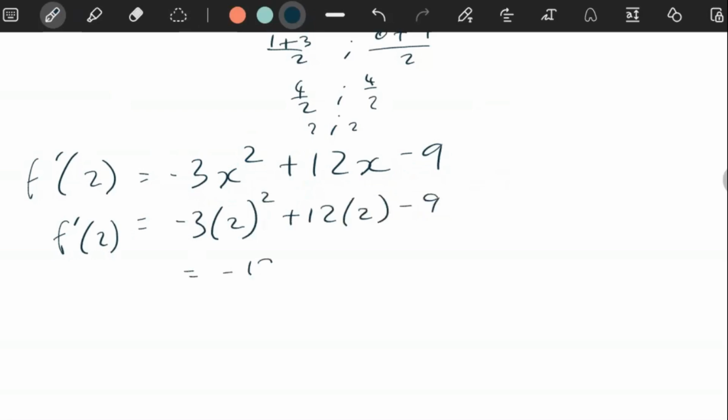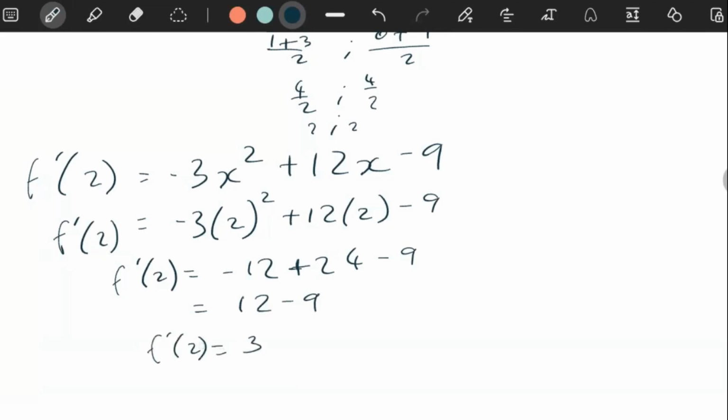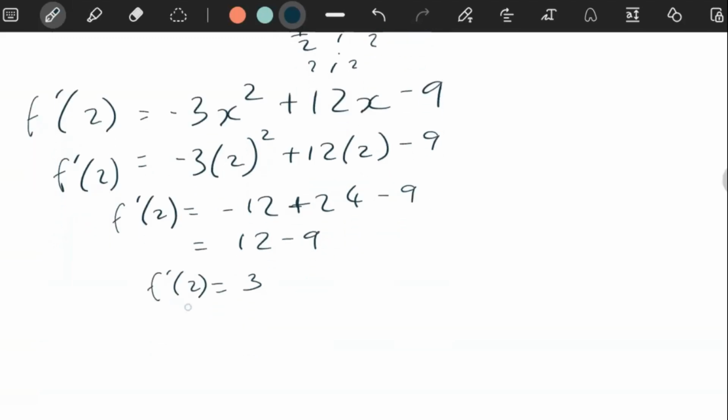Here we have negative 12, 24, and 9. So here we have negative 12 plus 24, that's 12. Minus 9, that's a 3. So with all this being done, this is saying that the x value is a 2. However, the gradient is a 3 there.